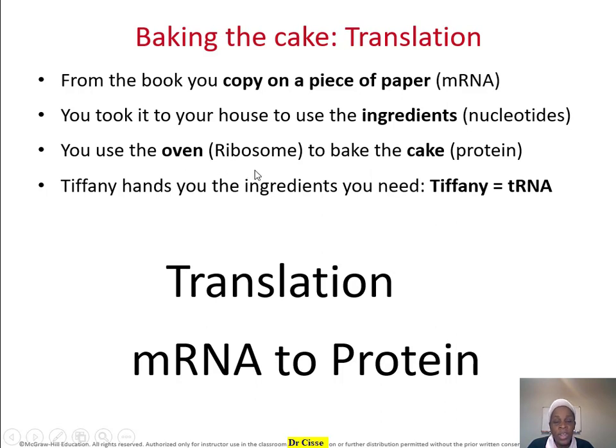In this case, the oven is called the ribosomes inside the cytoplasm to make the cake, which is the protein. And then the tRNA are the one that bring the amino acid based on the code they read. And we call the tRNA Tiffany, right? So translation is the making of protein from mRNA.